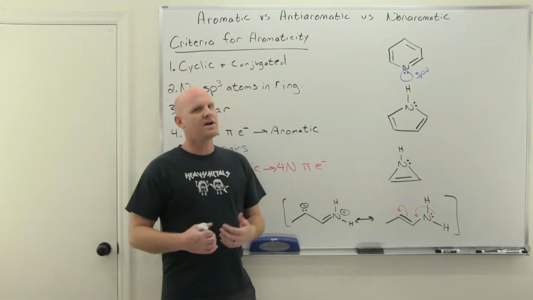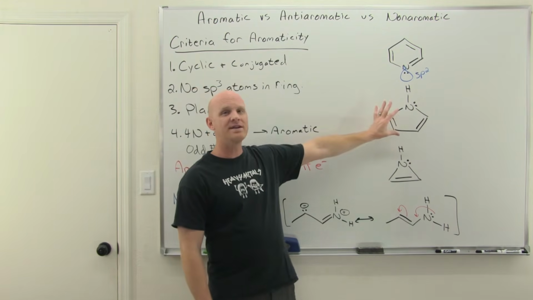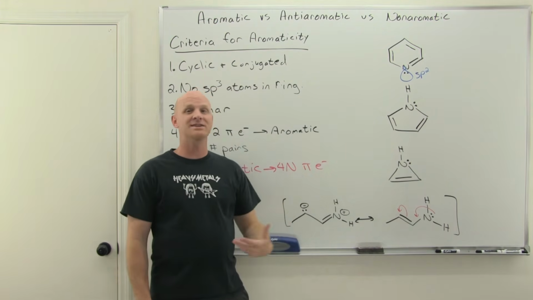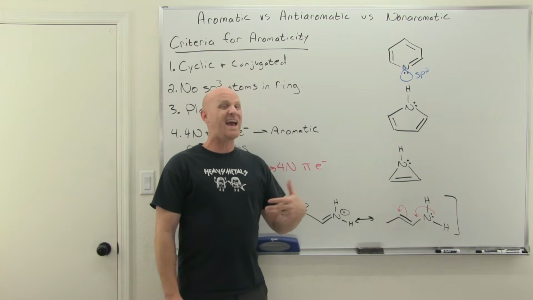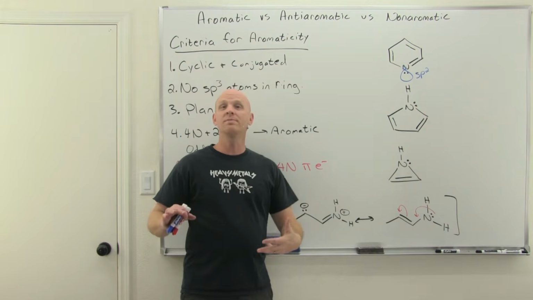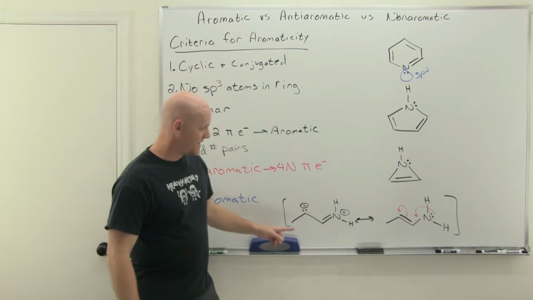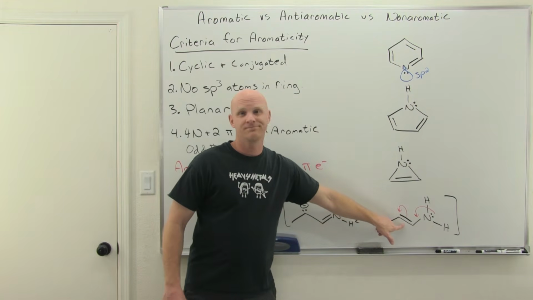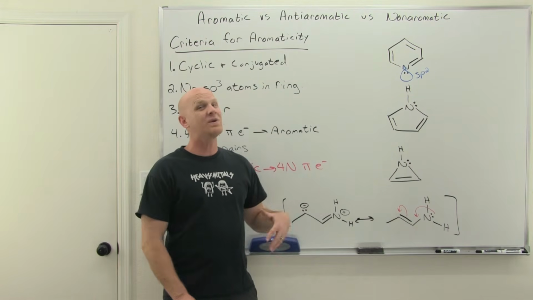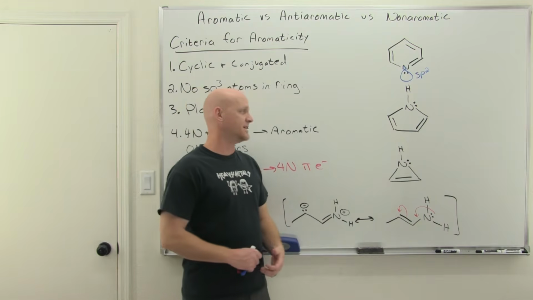So we have an issue of when you count a lone pair as pi electrons versus not. If it makes it aromatic, they'll count. If it makes it anti-aromatic, then it turns out that atom would actually be sp3 hybridized. In a linear structure, if you've got a lone pair on an atom one bond away from pi electrons, that atom is not sp3. In a ring, it still might be, as we'll see.